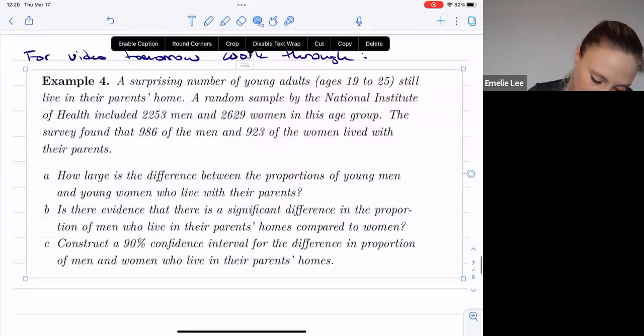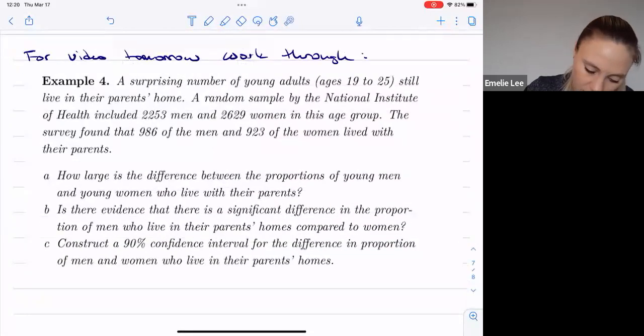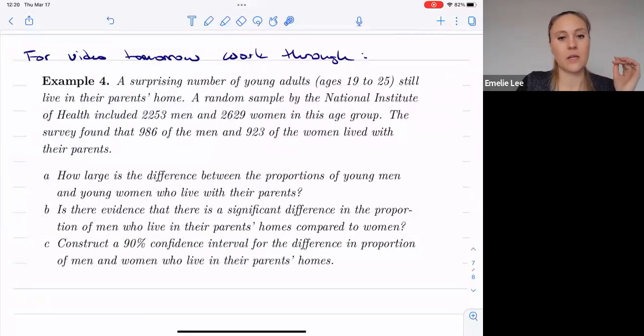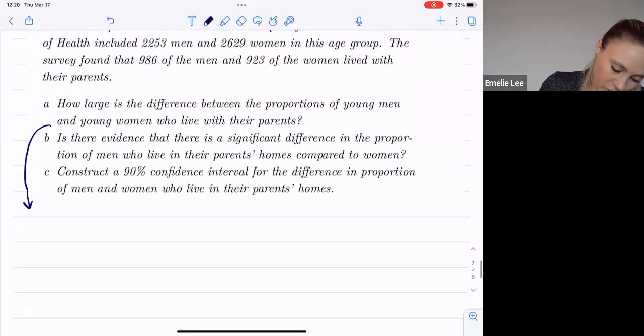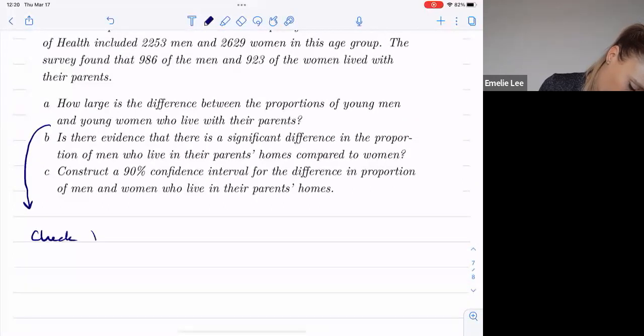I think I fixed the typos, but maybe not. It's an example, and I also want to sneak in here, and I hope that I did, checking that the conditions for inference are satisfied.